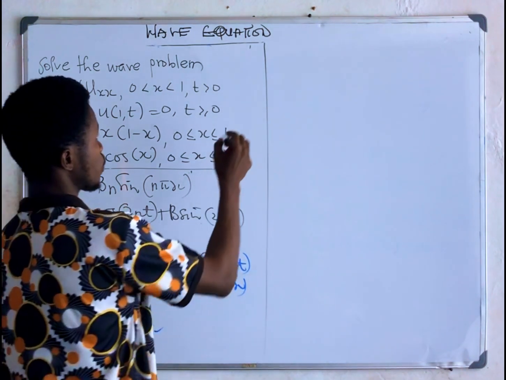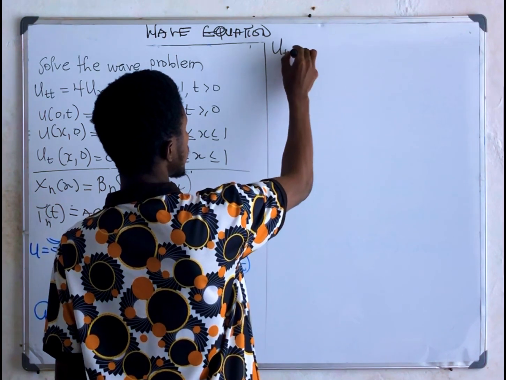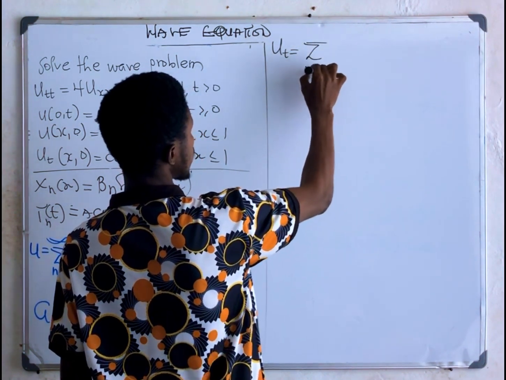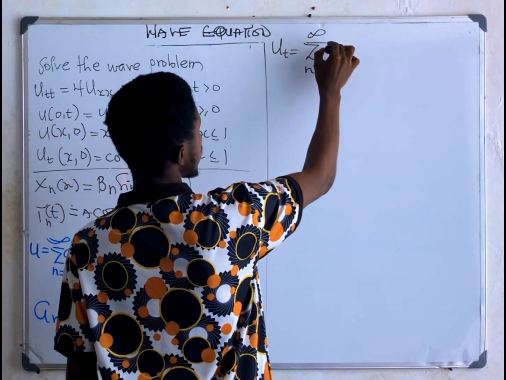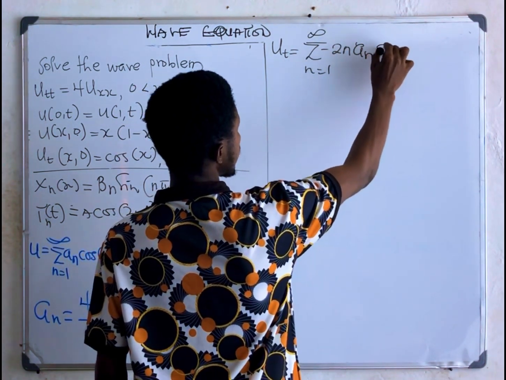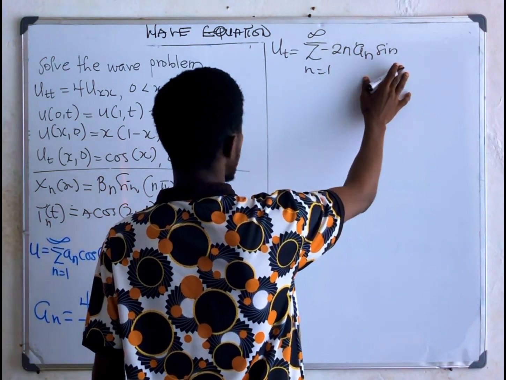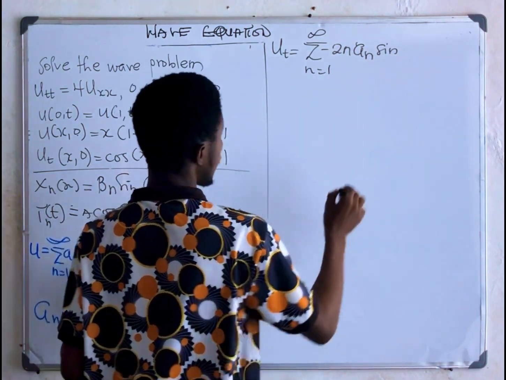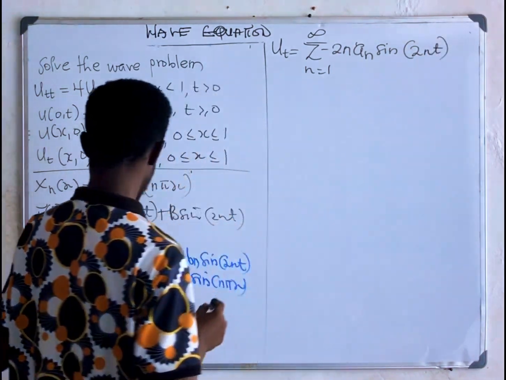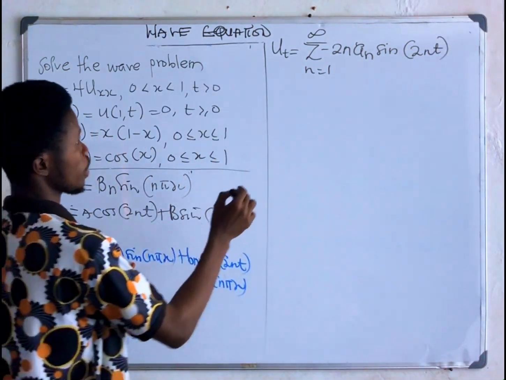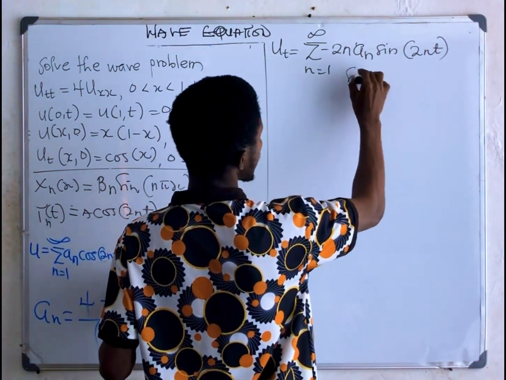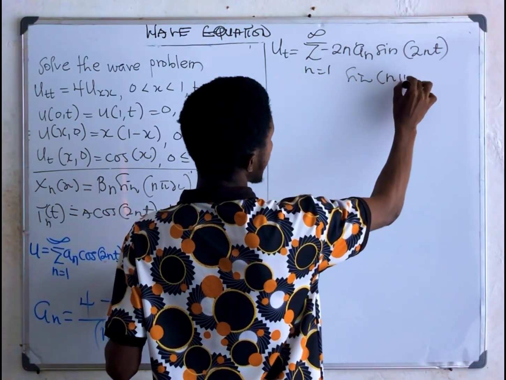So here we are going to have ut equals the summation n equals 1 to infinity of negative 2n an sine 2nt. Is that okay? Then sine n pi x.